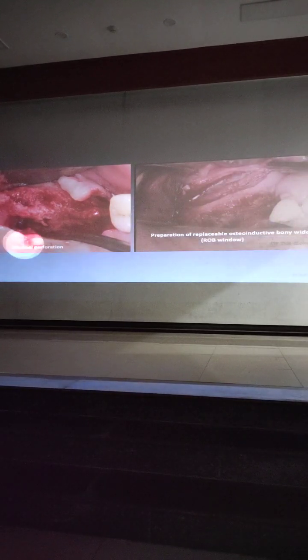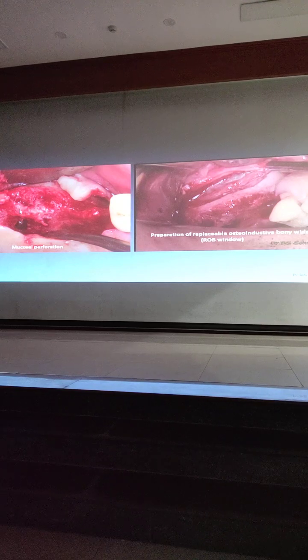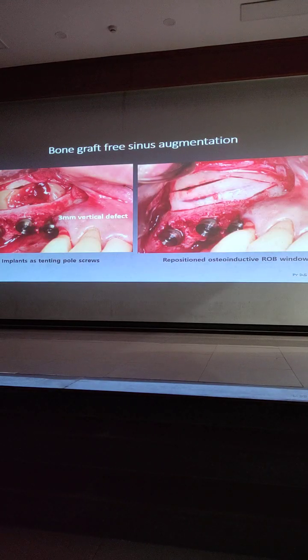Intraosseous. After elevation of the full thickness flap, I mean the buccal flap and palatal flap, you can see the bone communication on the palatal wall. So this is an indication for the endoscopic sinus augmentation. After elevation of the sinus mucosa, I did bone graft-free sinus augmentation.